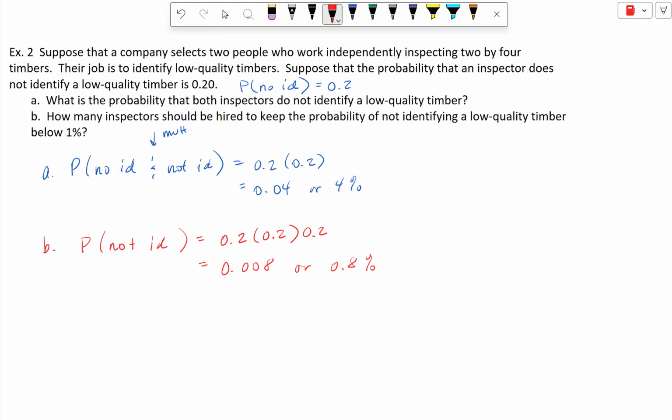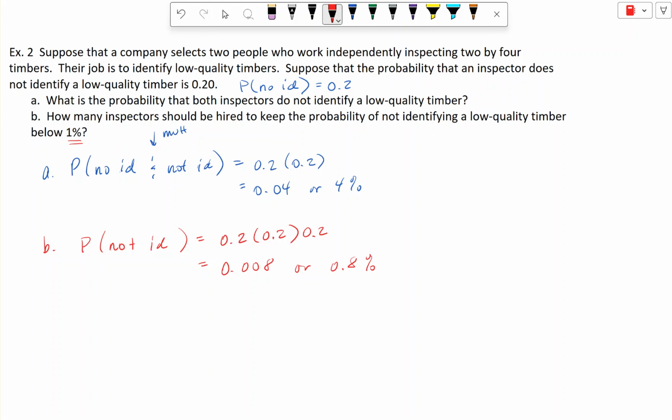So this is a good example also where this particular company set the unusualness bar. Instead of us using the 5% as being the cutoff for something that's usual versus unusual, this company wanted maybe to have better quality control and yet still be able to hire the minimum number of people to keep costs down.